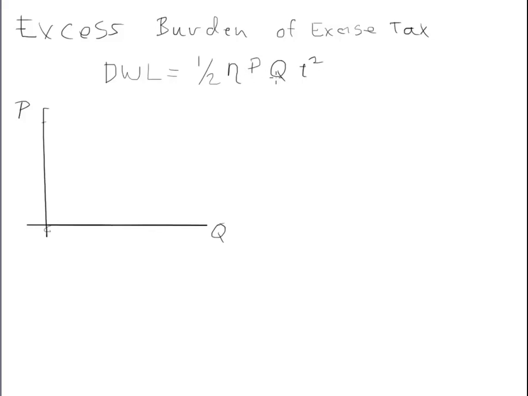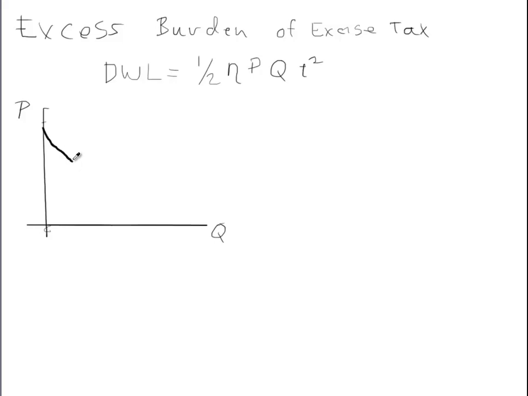These terms deal with our one half base times height. Quantity has to do with base, price has to do with height. Obviously, also the compensated elasticity has to do with that, and so does our tax.